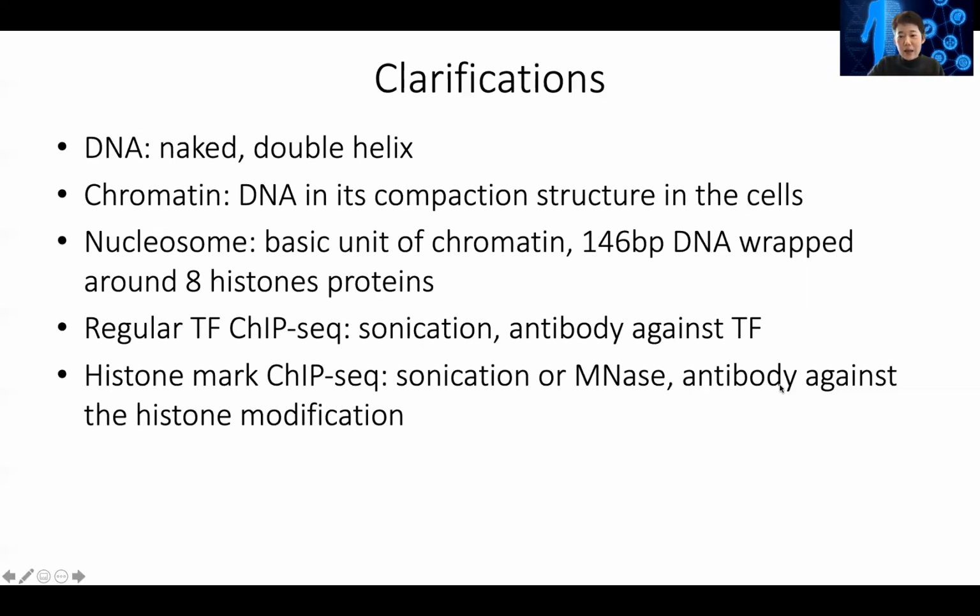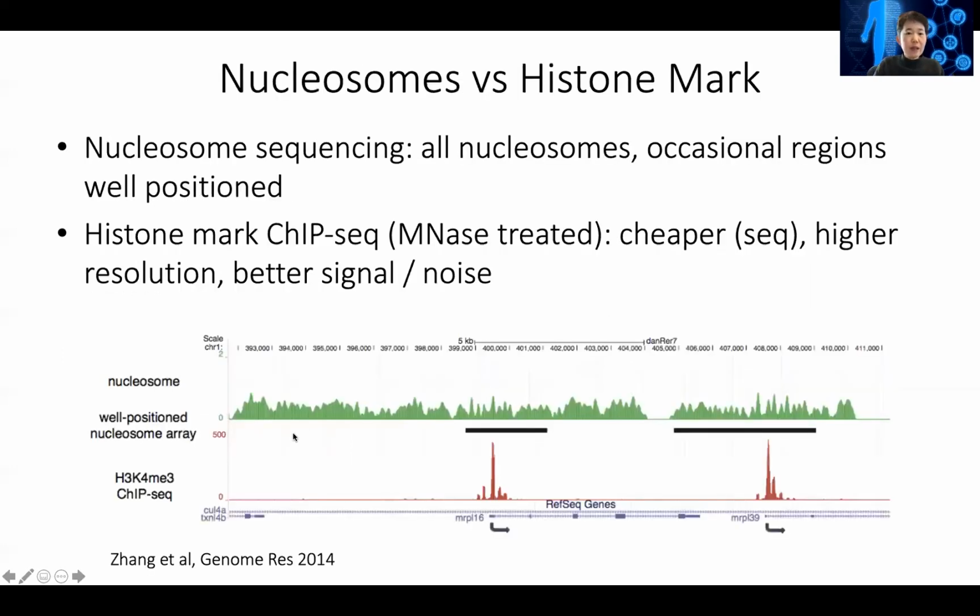And the antibody is against the modification on the histones. If you look at nucleosome sequencing here, you sequence all the nucleosomes, and you can see only occasionally the nucleosomes are well positioned, but in many other locations they're kind of randomly spaced.